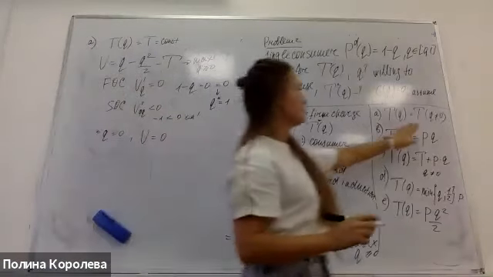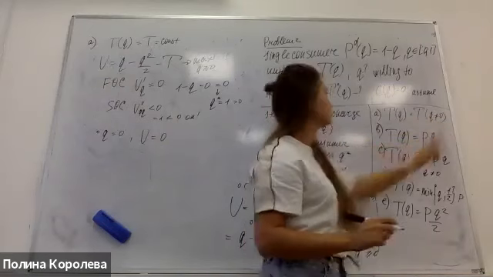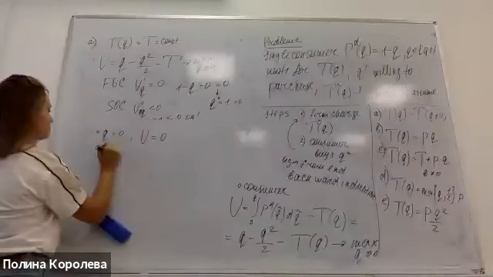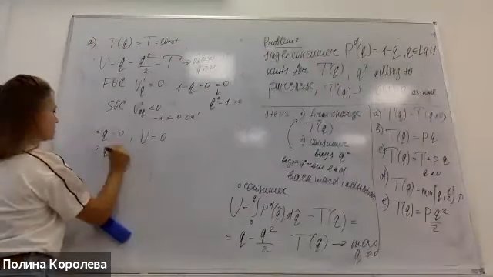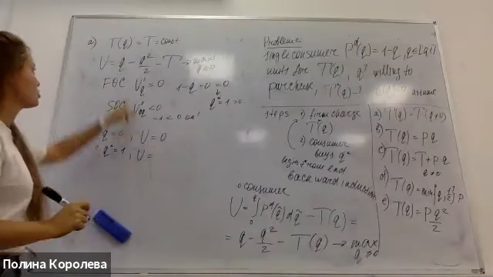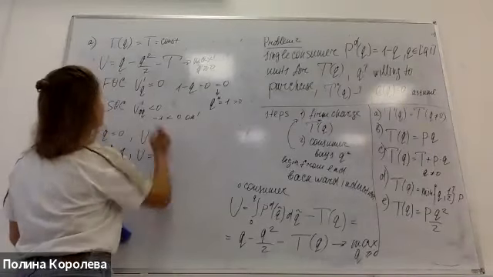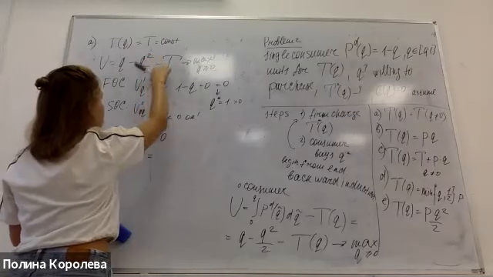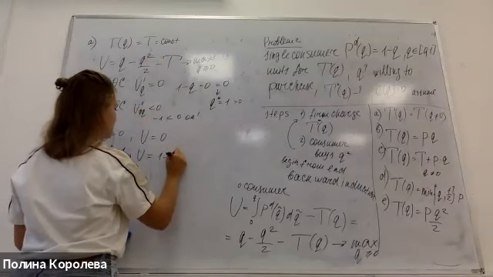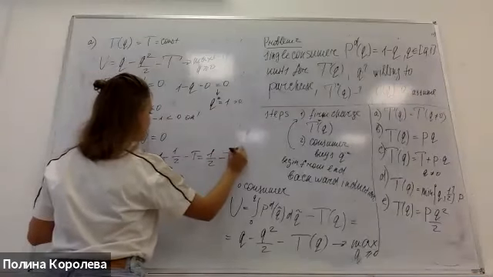Why? Because we pay the fixed fee only if we buy something. And if quantity is equal to 1, the utility will be 1 minus 1 divided by 2 minus t. This is 1 divided by 2 minus t.